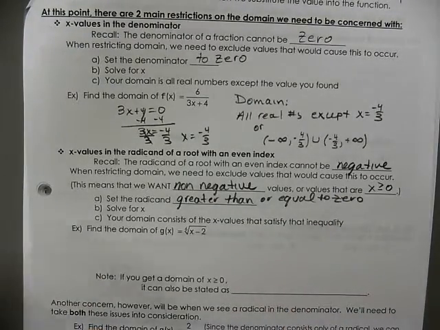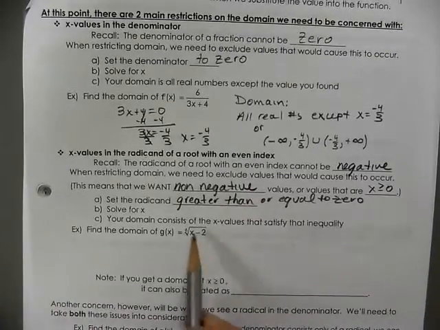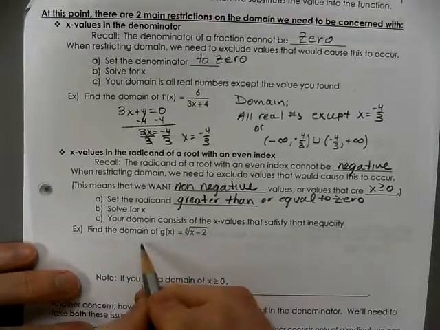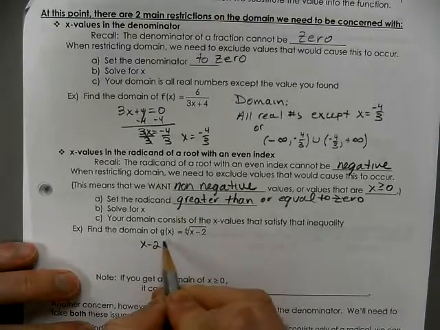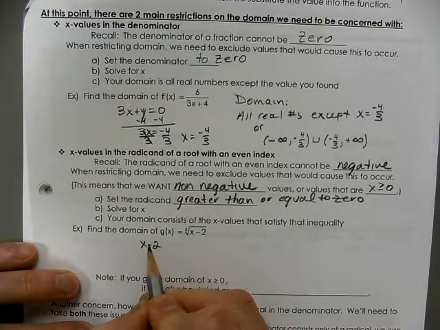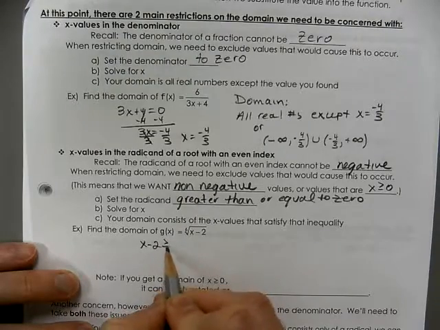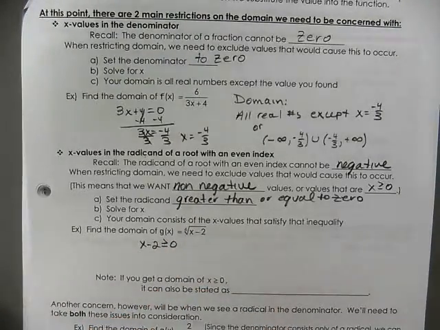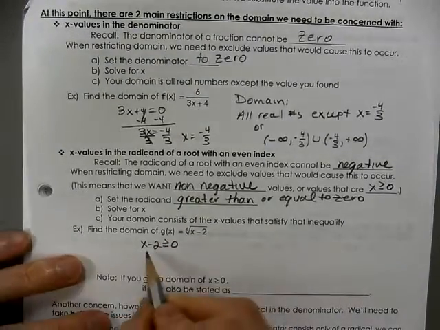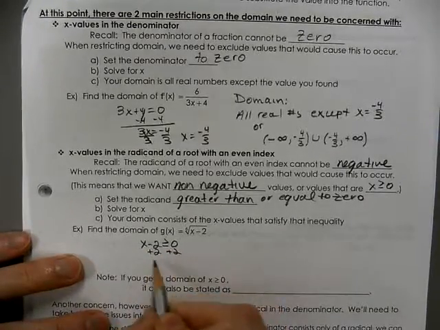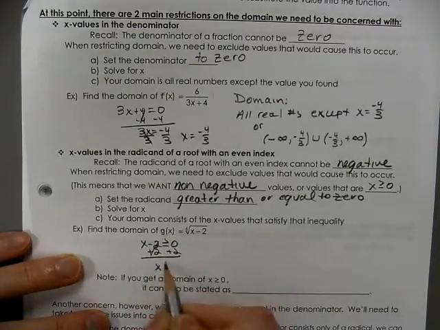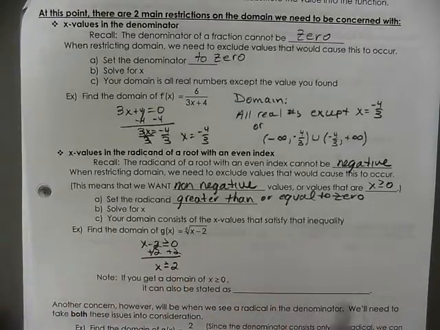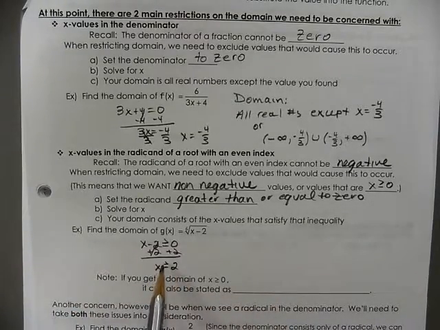It's a group of numbers, not one specific number, because it's any number that makes this negative. So we're worried about any negative numbers. So what's going to make this greater than or equal to 0? That's what we want. By adding the 2 to the other side, we want x values that are 2 or bigger.